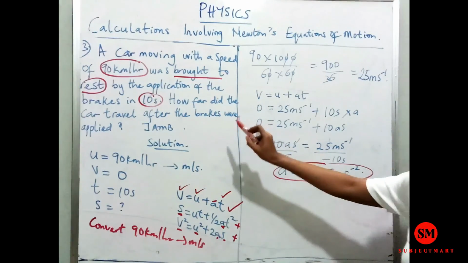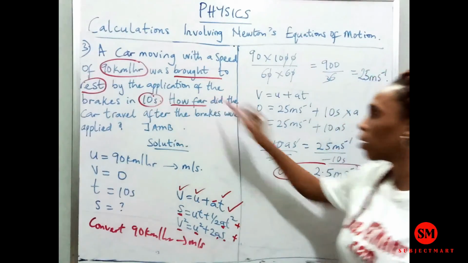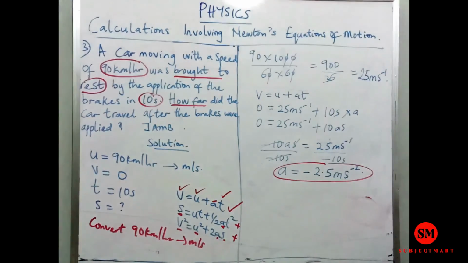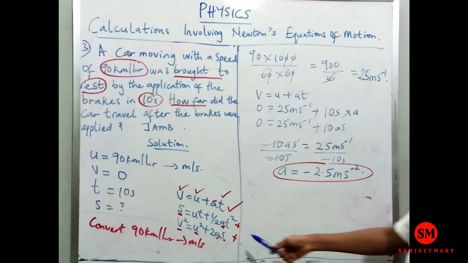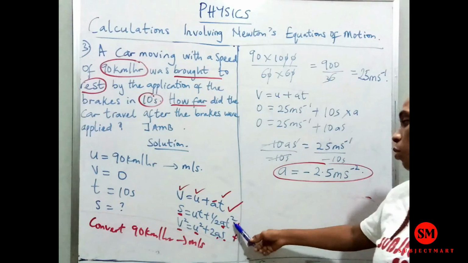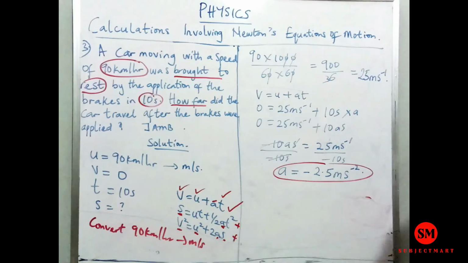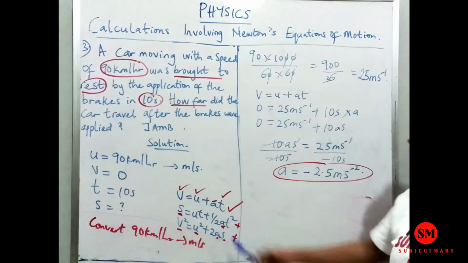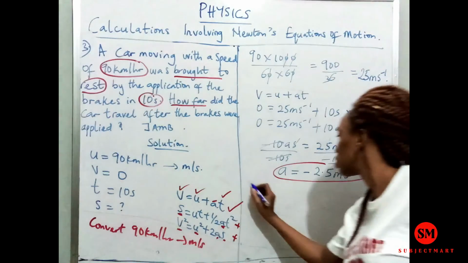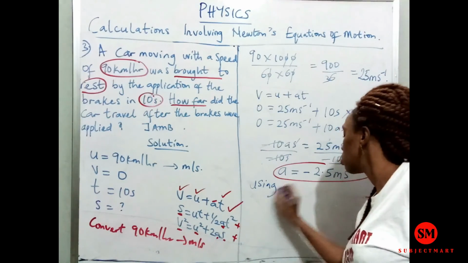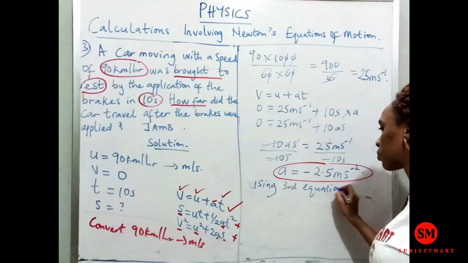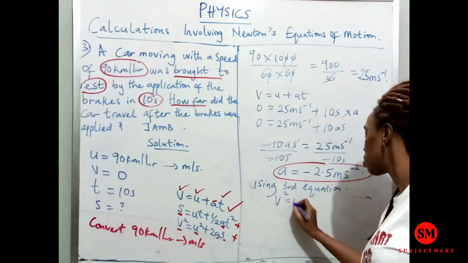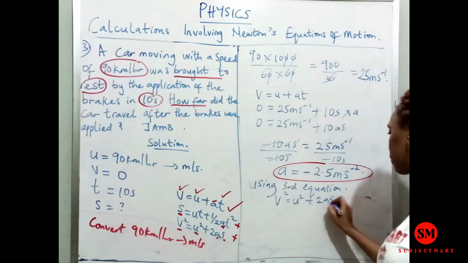So here is our acceleration. But don't forget we are asked to find the distance, how far. So going back to our equations, we can either use the second or the third to find our distance. So let's use the third equation. Using the third equation, v squared equals u squared plus 2ax.